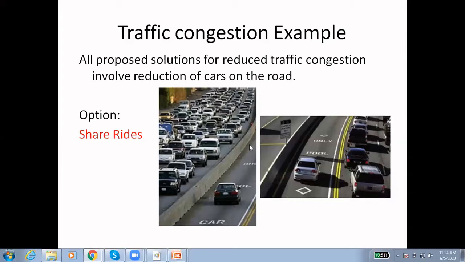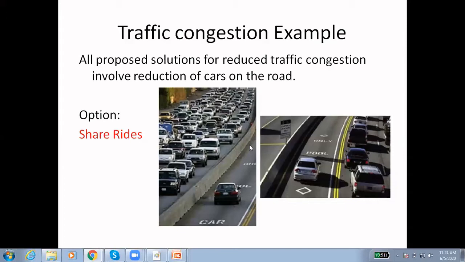And if we want to reduce the number of cars, one possible thing is to share the rides. If multiple people who are using different cars come together in a single car, some of the cars on the road will reduce, and it will be helpful.